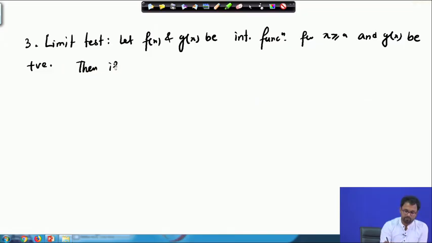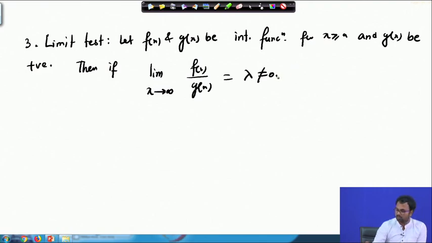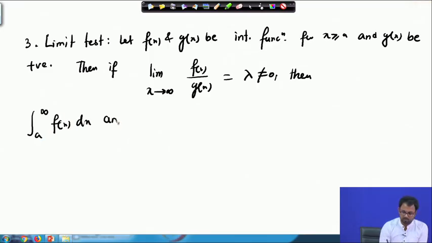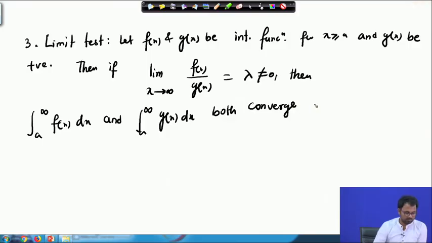Then if the limit as x goes to infinity of f(x) by g(x) equals lambda, which is not equal to 0, then the integral from a to infinity of f(x) dx and the integral from a to infinity of g(x) dx both converge absolutely or both diverge.